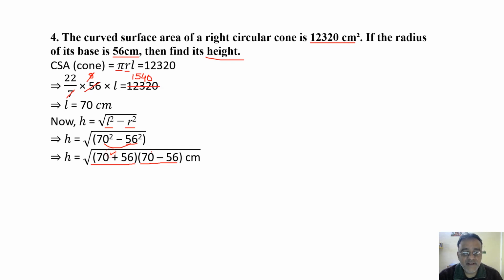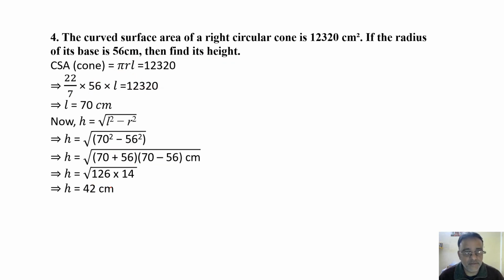So this is 126 and this is 14. 126 we can write as 14 into 9. So 14 into 9 into 14. 14 comes 2 times so it comes out once, and the square root of 9 is 3. So 14 into 3 is 42. So the answer is 42 centimeters.